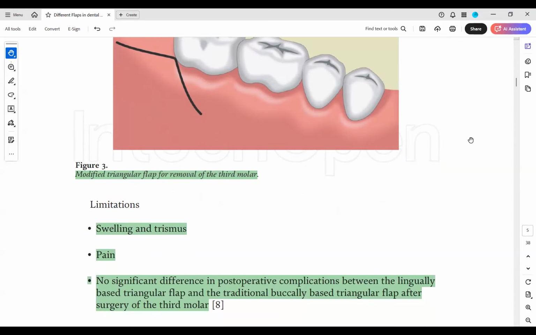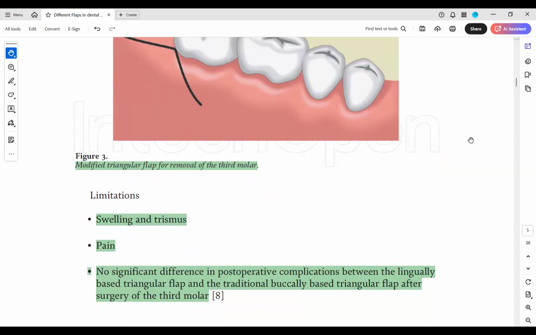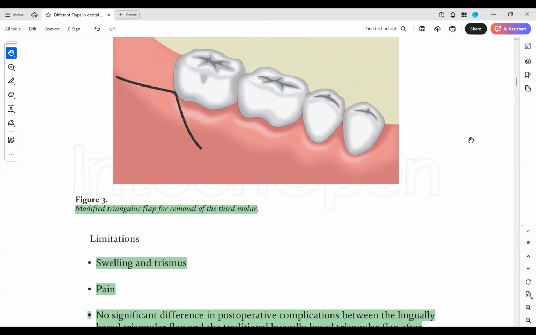So if any of these two options are given in the exam and it's asked which would be the preferred flap technique for your third molars compared to your envelope flap, semilunar, trapezoidal, and your triangular, now you know the answer. Both of these techniques will be superior to your envelope flap.